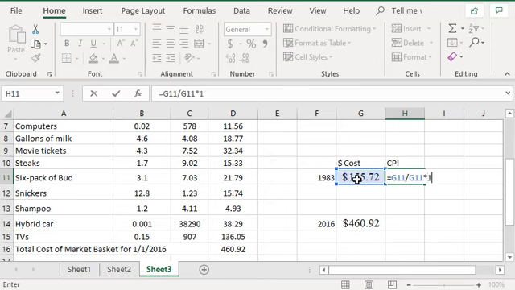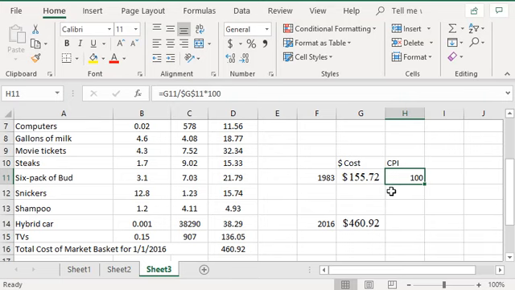And then we multiply by 100 to make it a percent. Now, we want to divide all dollar values in this variable by the 1983 dollar cost. So I'm going to hit F4 to freeze that denominator and then hit enter.